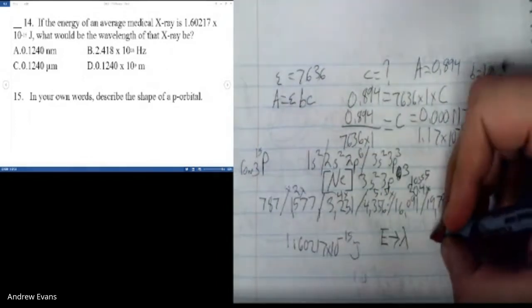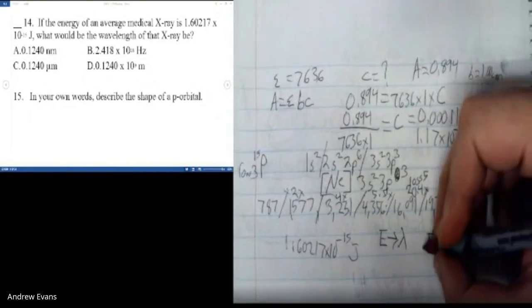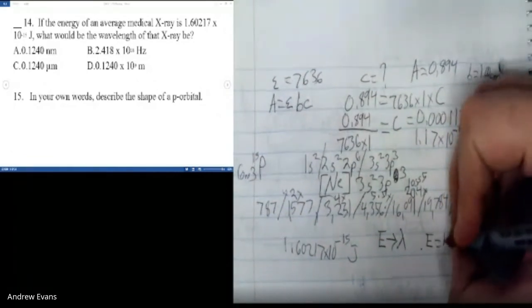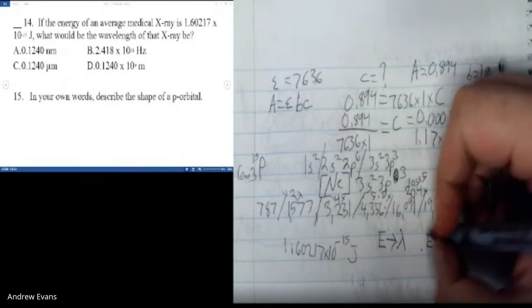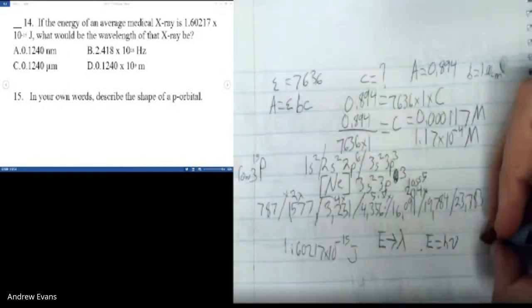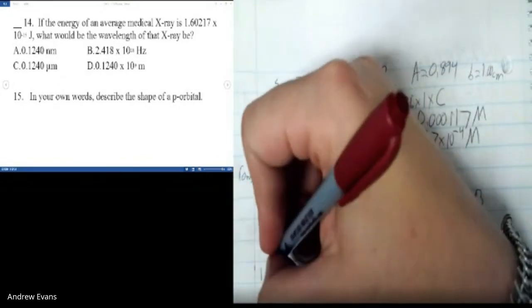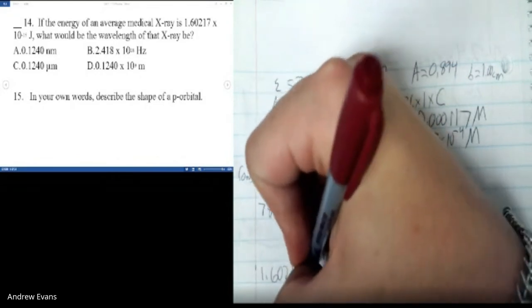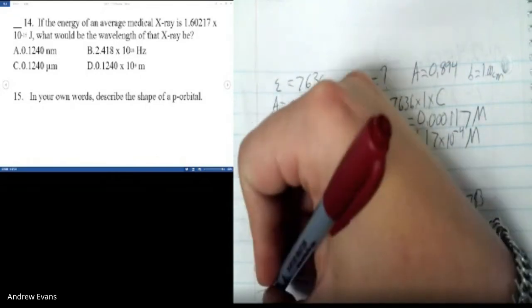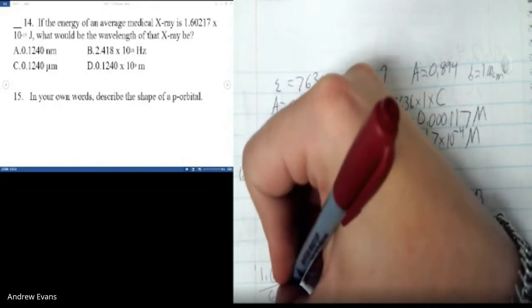So I'll start: E equals h nu. So I can say E divided by h is equal to nu, and then go from there. 1.60217 times 10 to the negative 15th divided by 6.626 times 10 to the negative 34th.